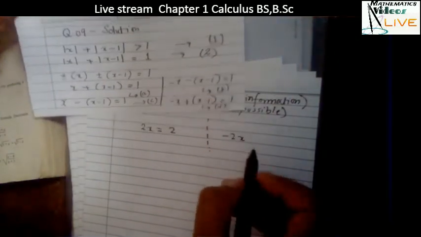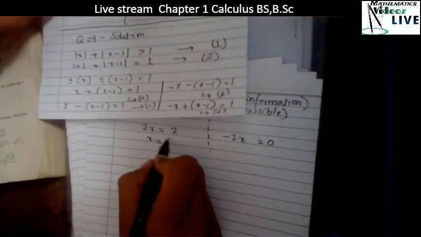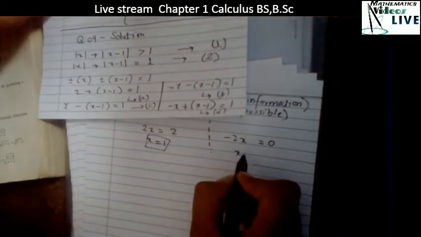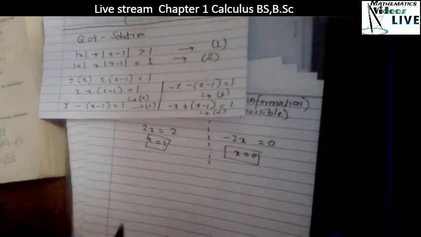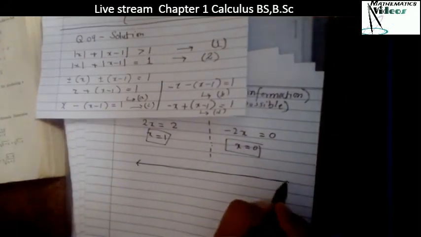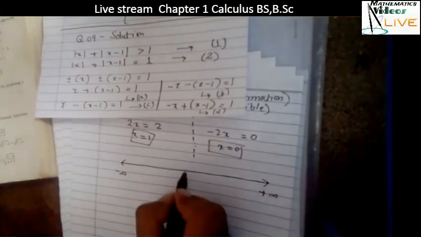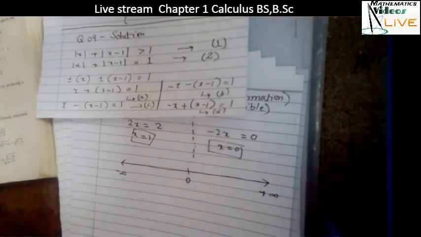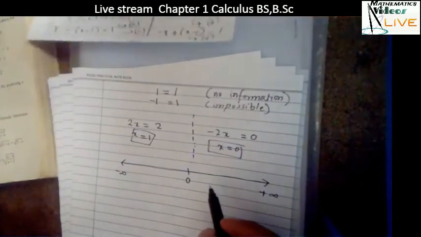Therefore, we have only 2 equations, equation A and equation B. If you solve equation A, you will get 2x is equal to 2. And when you solve the second equation, you will get minus 2x is equal to 0.